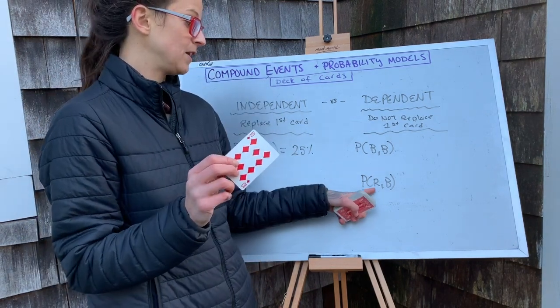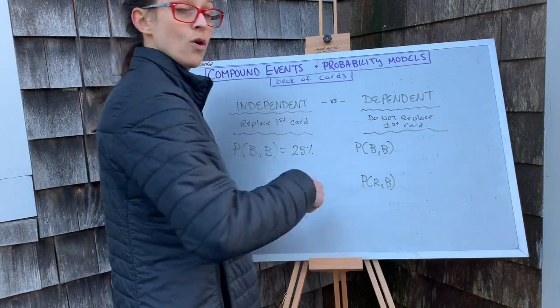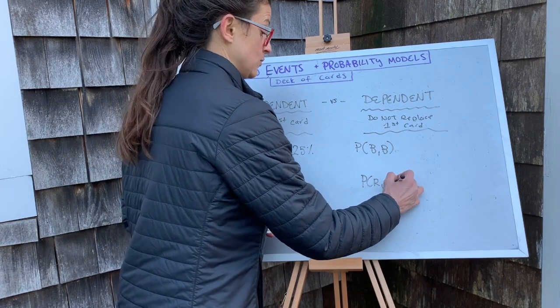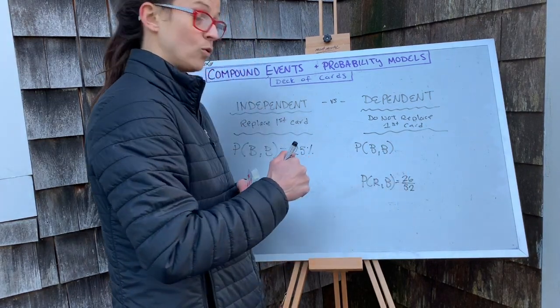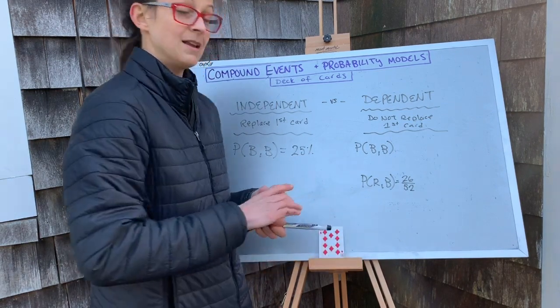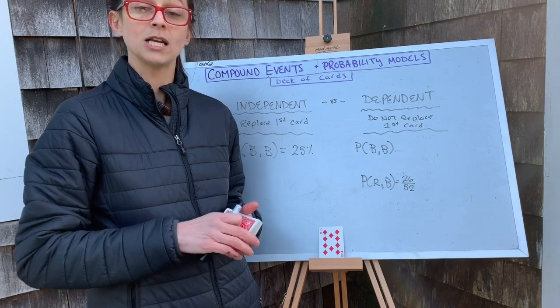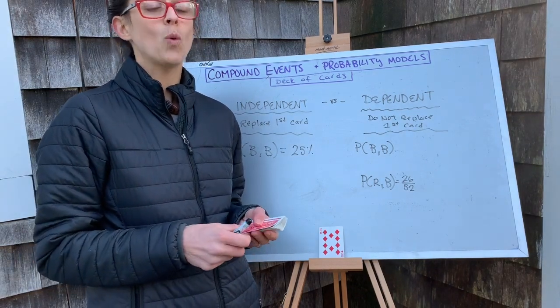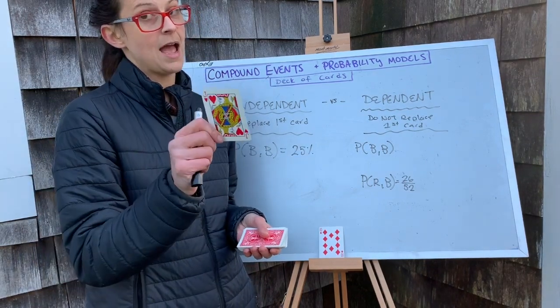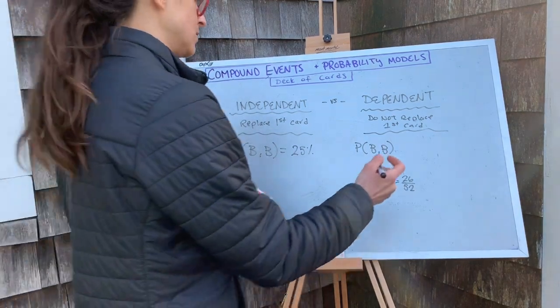So the probability of getting a red card out of the whole deck of cards is 26 out of 52. We do not replace that red card. Now there are 51 cards in the deck and still 26 black cards. So the chance of me getting a black card now is 26 out of 51. And I did not get it. But I was more likely to get a black card than a red card.